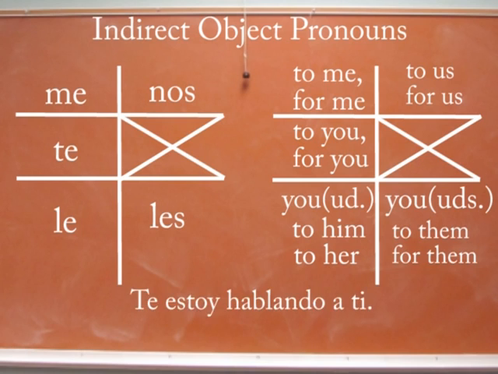The rules for placement of an indirect object pronoun are the same as those you learned for direct object pronouns. They usually precede a conjugated verb, but may be attached to an infinitive or present participle.